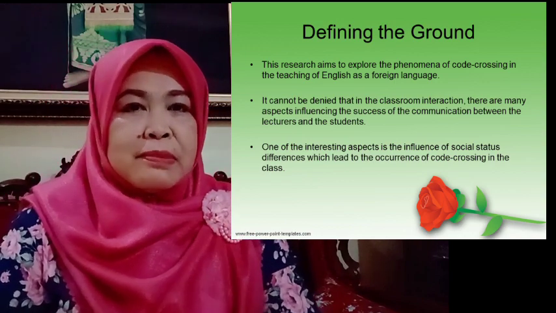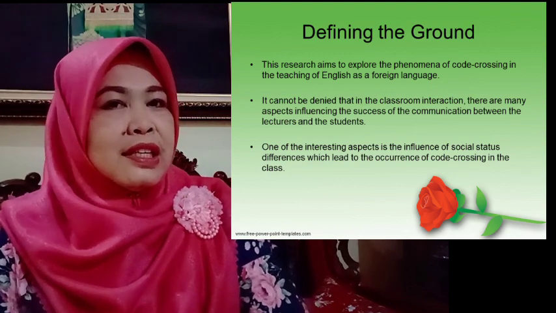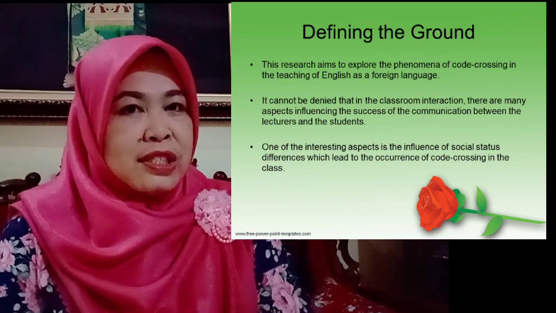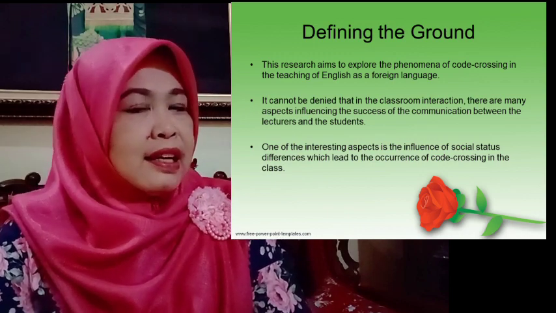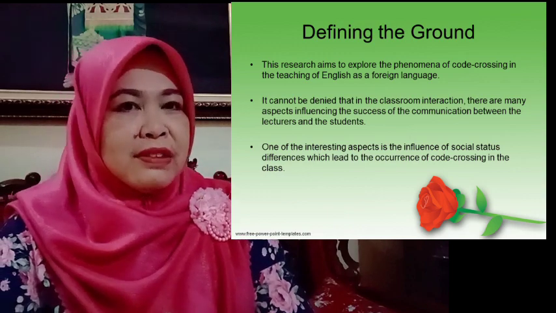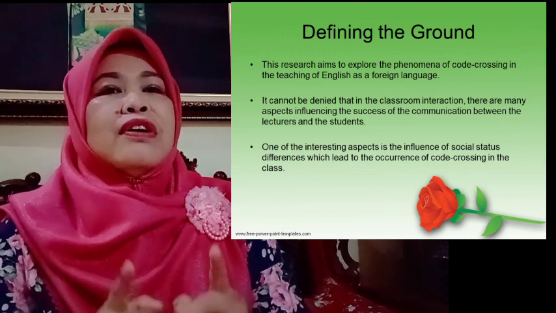And one of the aspects that can influence the communication strategy of the teachers and the students in the class is the influence of social status. And the language use, which is influenced by the social status differences, will lead to the emergence of code crossing.